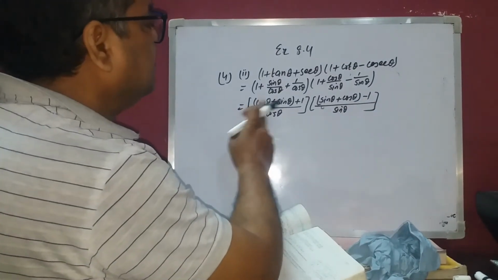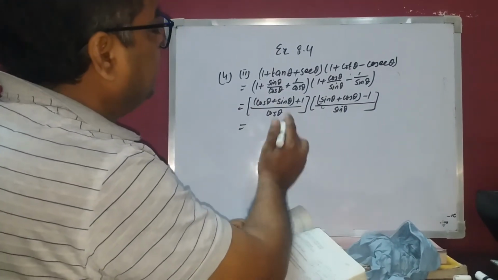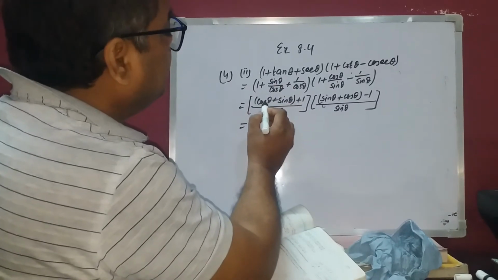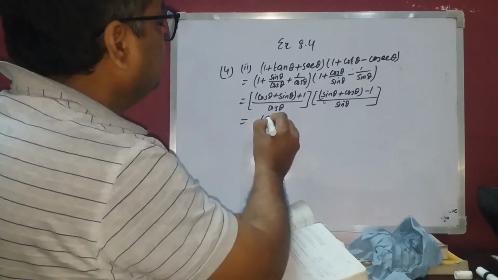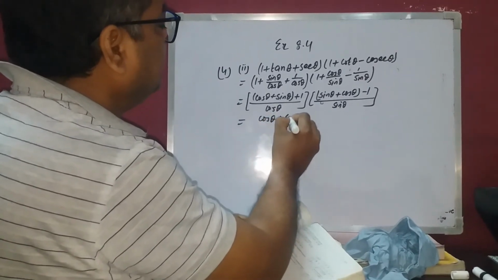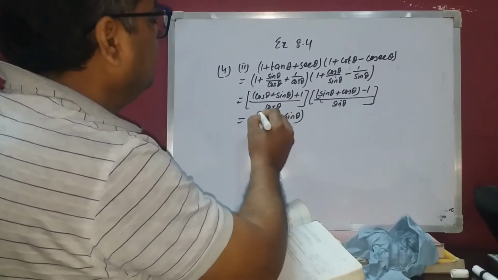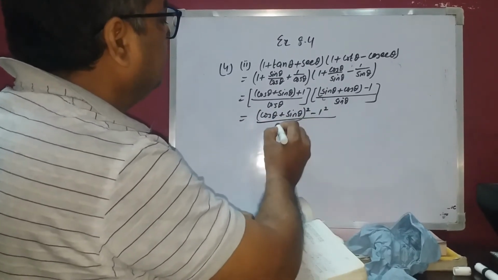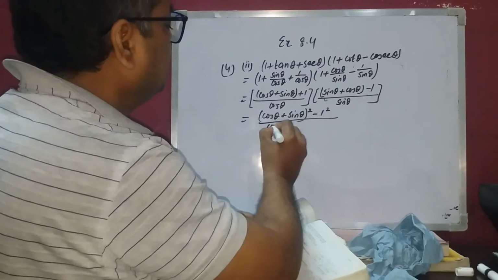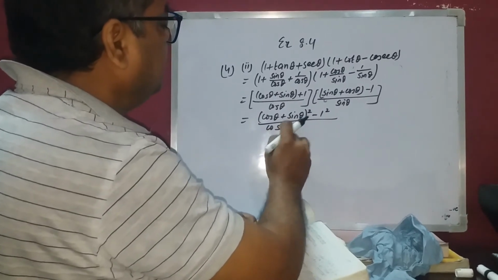Now watch the numerator carefully. You will find the algebraic identity, this is (A plus B) and (A minus B). It becomes (cos theta plus sine theta) the whole square minus 1 square, over cos theta into sine theta.